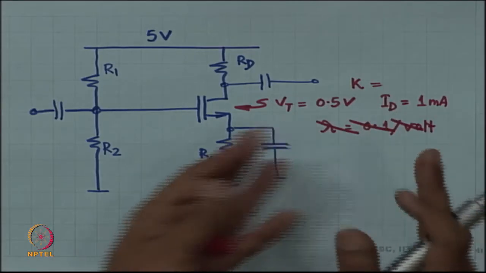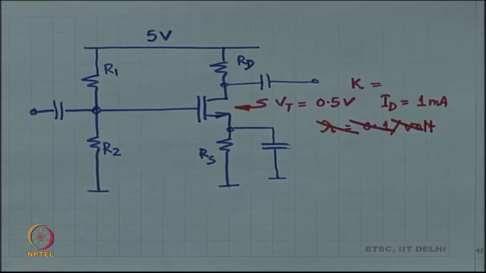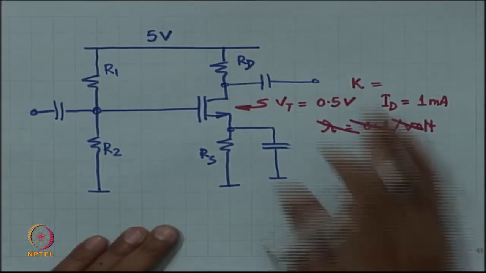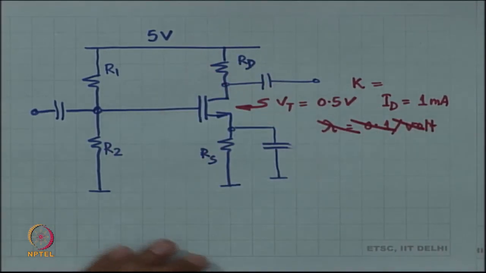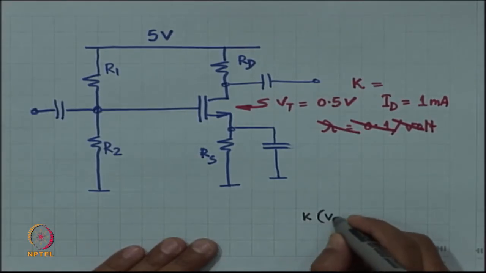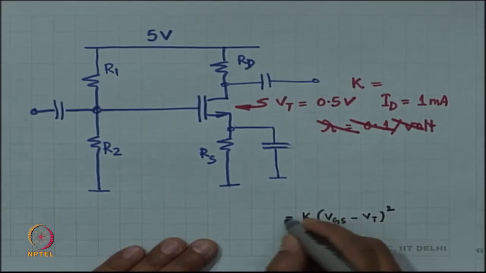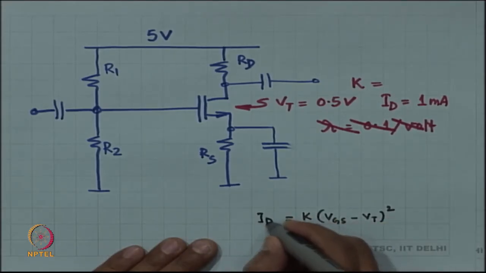I am trying to construct this problem for you from the top of my head. So, therefore, let me tell you what my thought process is. K times VGS minus VT the whole squared is ID in the flat region.